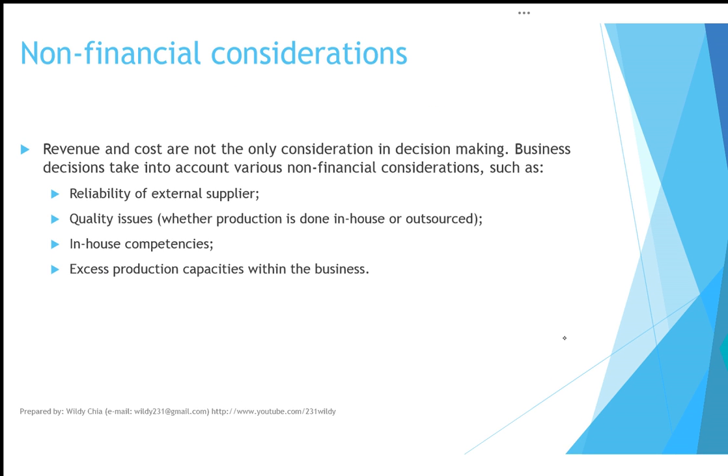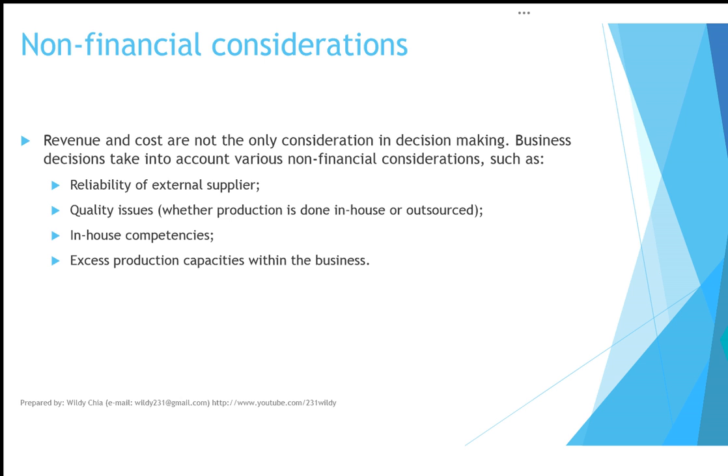Now, decision making is not solely based on revenues and costs. It has to also take into consideration non-financial aspects. One example could be, for example, reliability of the external supplier. Right. Now, the business may be interested to turn to an external supplier for the goods and services, but reliability is very important.